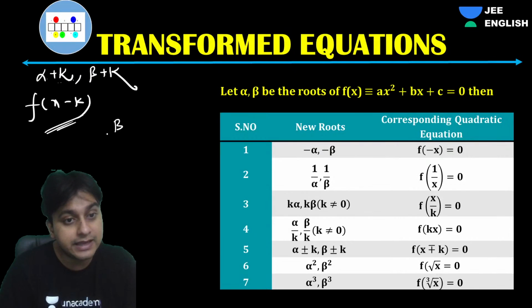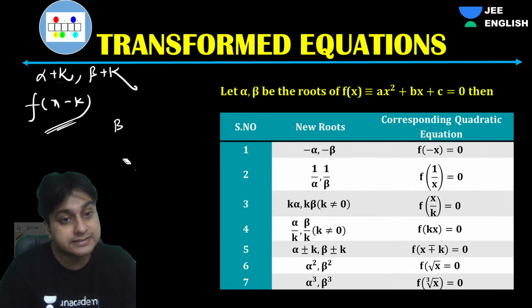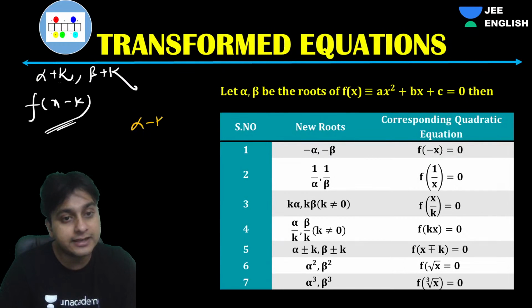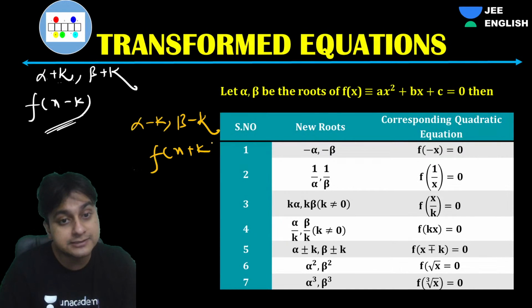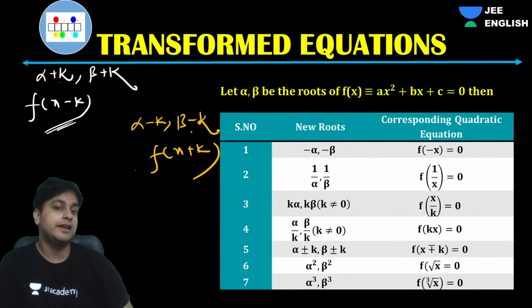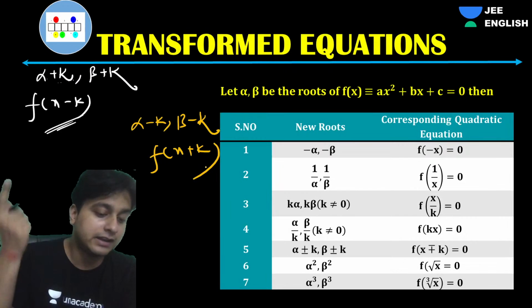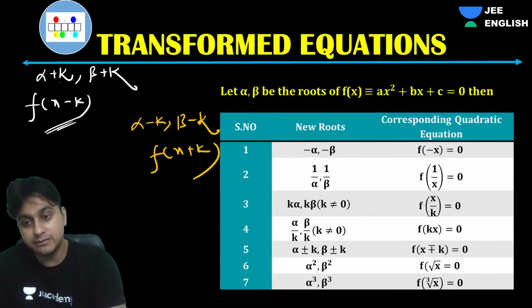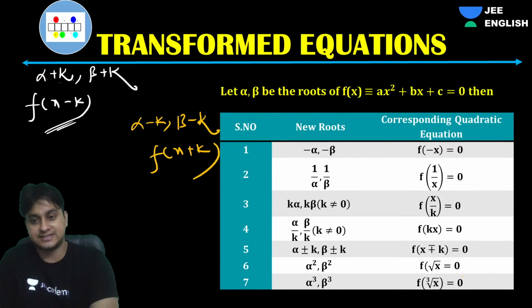And when we want alpha minus k and beta minus k as the roots, our equation will be f of x plus k, because then you put alpha minus k, k will cancel, and we'll get f of alpha, back to the reality. When we have plus, we need minus. When we have minus, we need plus.